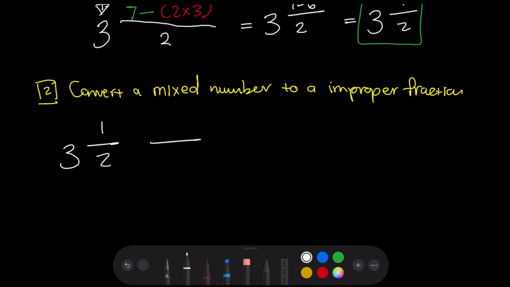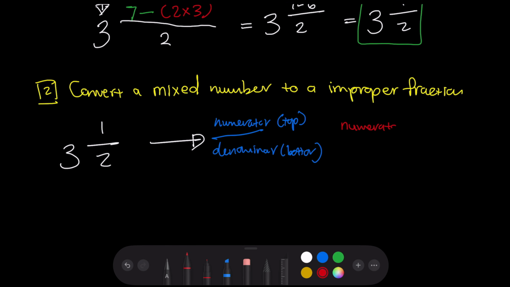Then when I want to convert this to an improper fraction, remember, for an improper fraction, I must have a numerator and a denominator. However, my numerator must be greater than my denominator.